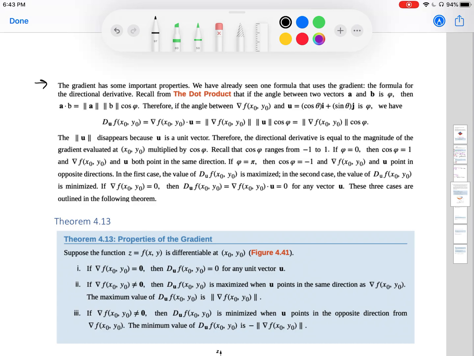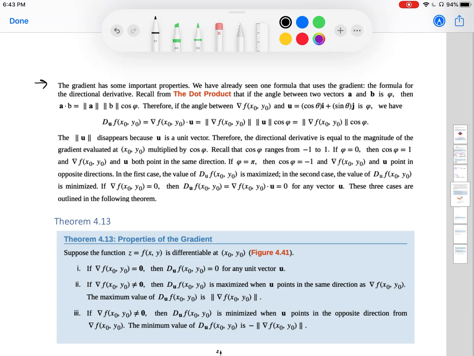Recall that cosine phi ranges from -1 to 1. If phi equals 0, then cosine phi equals 1, and del f of x naught comma y naught and u both point the same direction. If phi equals pi, then cosine phi equals -1, and del f of x naught comma y naught and u point in opposite directions.